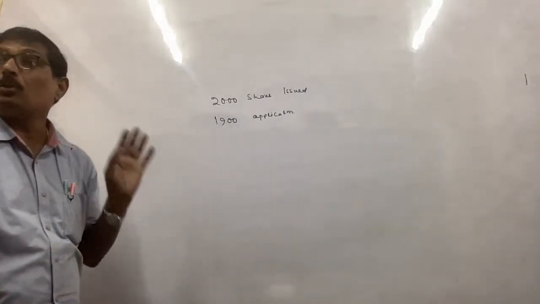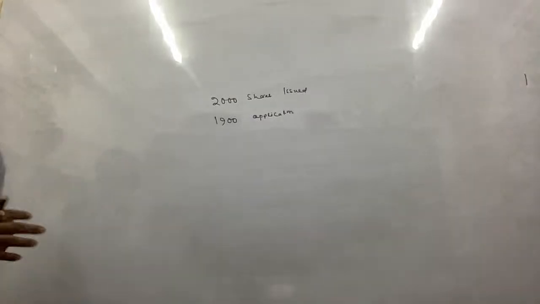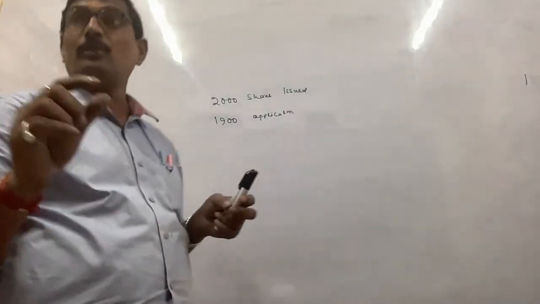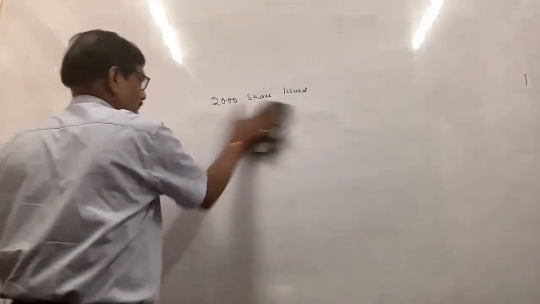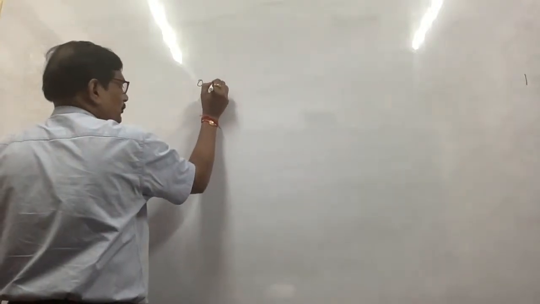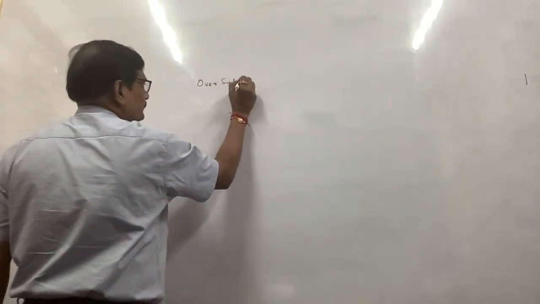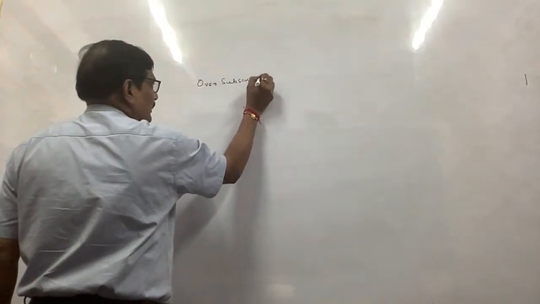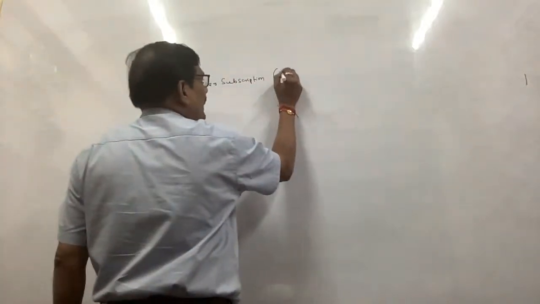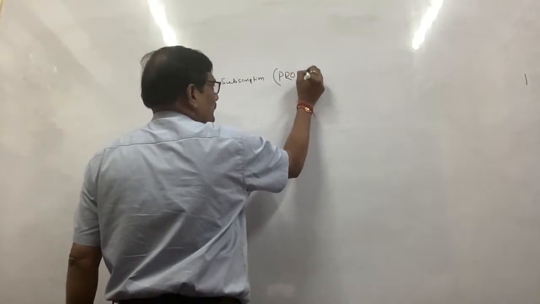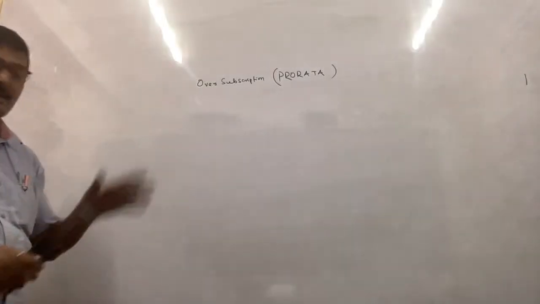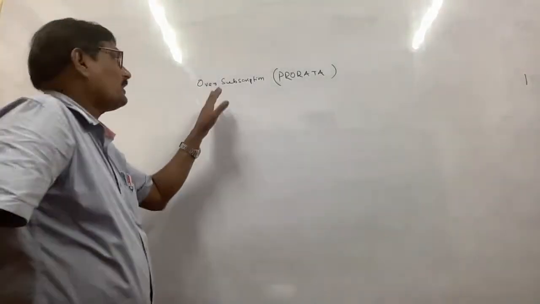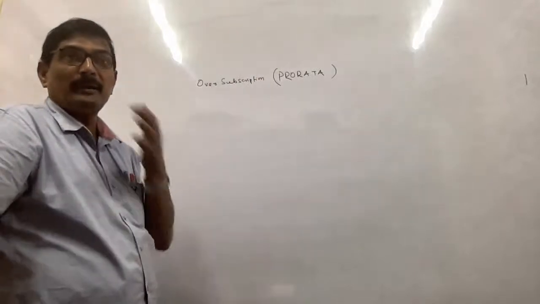But when we are talking about oversubscription, yes, there are some calculations which you ought to learn how to do. Oversubscription, see very carefully. You must have heard one thing, pro rata allotment.